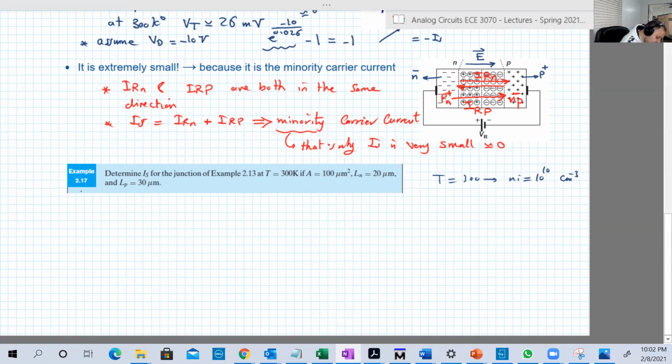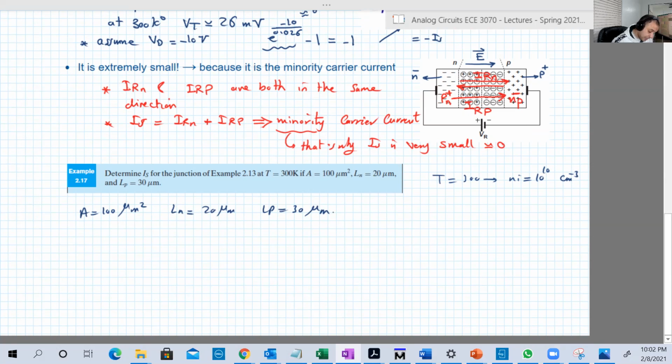The cross-section area is 100 micrometer squared. Ln and Lp, these are the diffusion lengths, as we said, for the electrons and for the holes. Ln is 20 micrometers, and Lp is 30 micrometers.